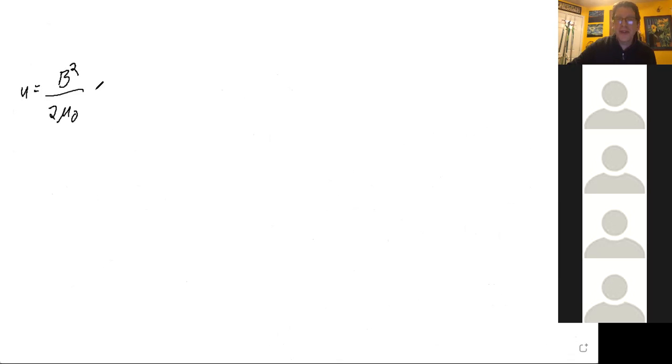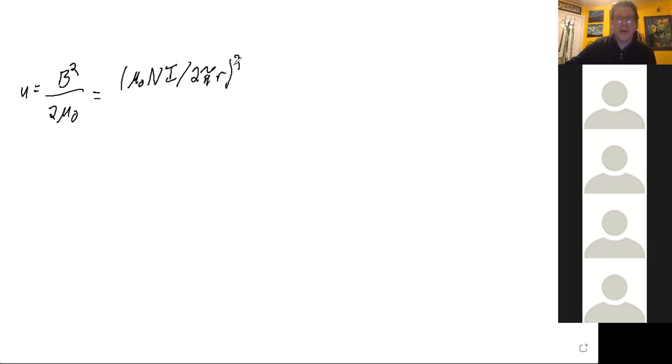But the magnetic field inside the solenoid depends on r, which is the distance from a point inside the toroid to the center of curvature. And so B is mu naught n I over 2 pi r.